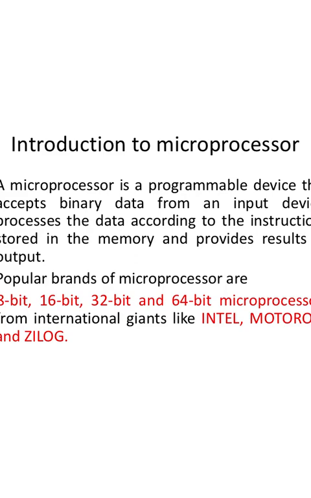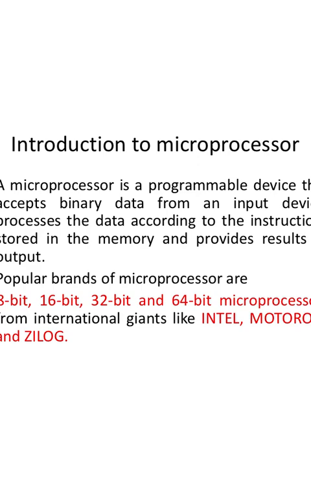So coming to the introduction to microprocessor. A microprocessor is a programmable device that accepts binary data from an input device, processes the data according to the instructions stored in the memory, and provides results as output.